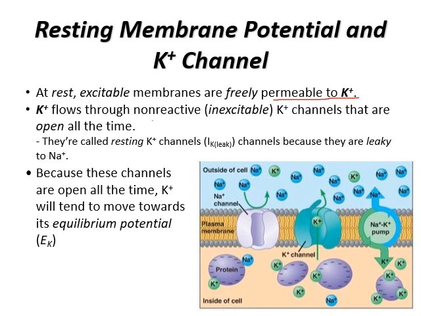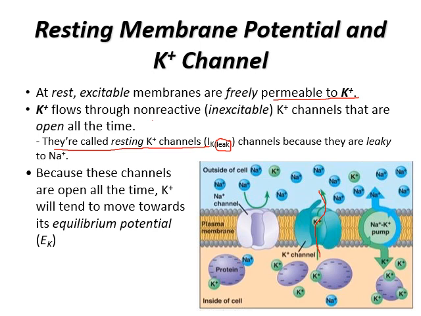So we can tell that the permeability to potassium at rest, because it sits closer to the equilibrium potential of potassium, is greater. There are much more what we call leak channels. Leak channels are open channels. Potassium can leak out.